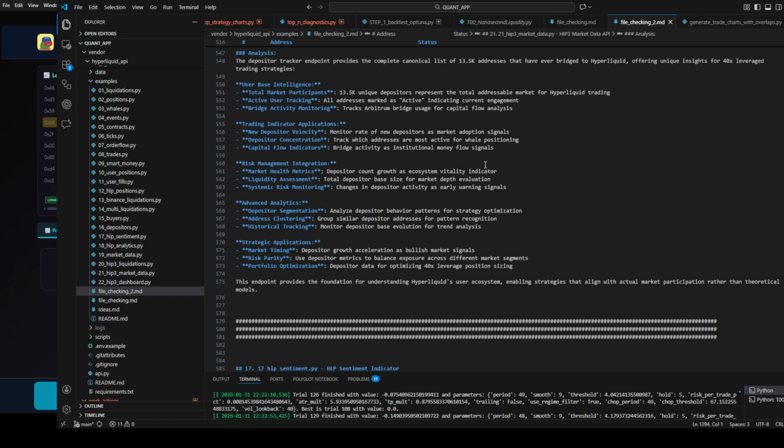Someone might use more wallets than one. Historical tracking: monitor depositor base evolution for trend analysis. I'm thinking about this 150M guy. I've seen him use the same address, but he was in two different positions.